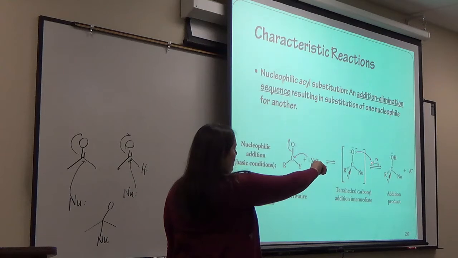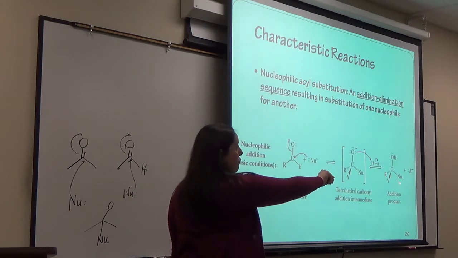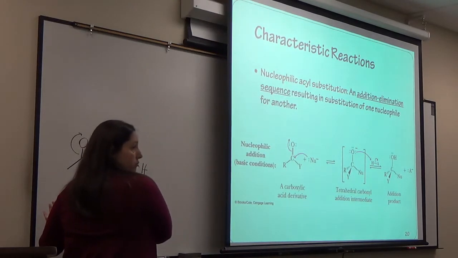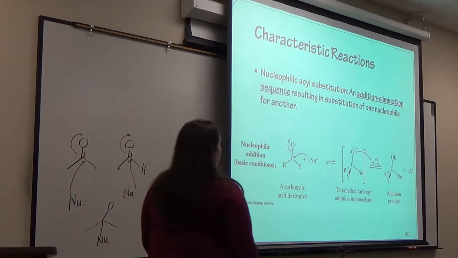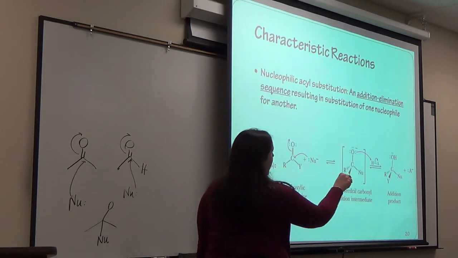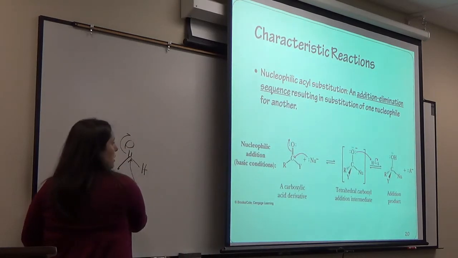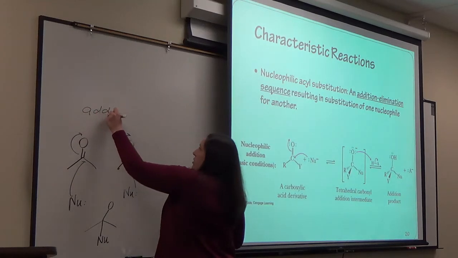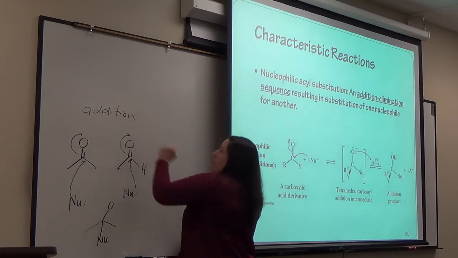Of course, you add an acid to complete the hydrogen here, so you get an alcohol plus the nucleophile. So far it's the same theme, but I want you to keep in mind that Y can be eliminated. So there's an addition, just like this. This is an addition.